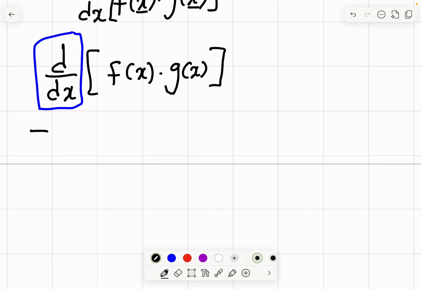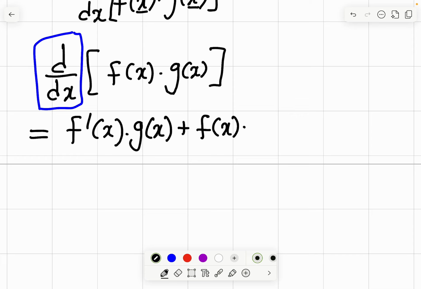You say equal to f prime of x, then you keep the second function. You say plus, you keep the first function, and you derive the second function. You must not include the d over dx here, because that is wrong. Whenever you start to derive, you leave that alone.